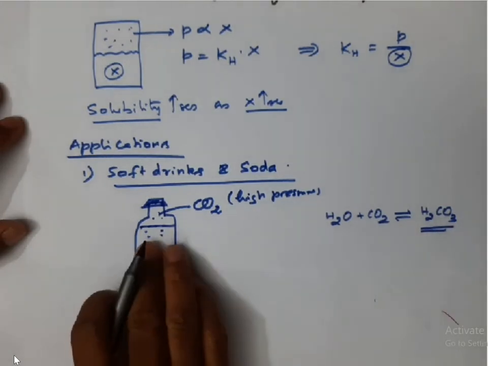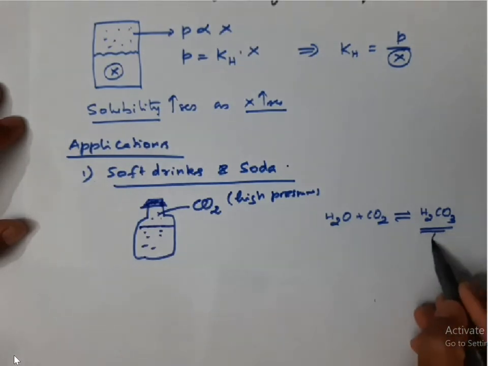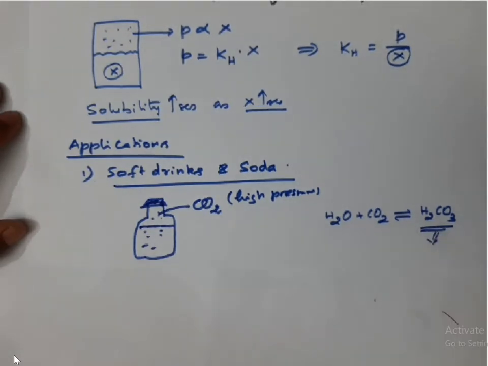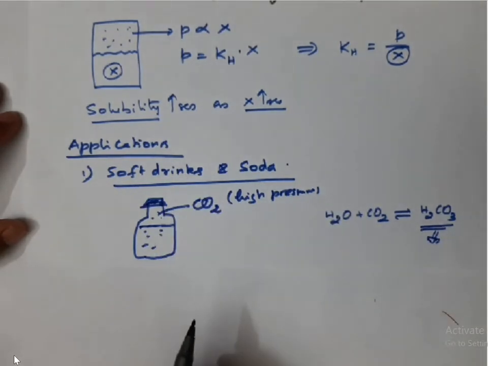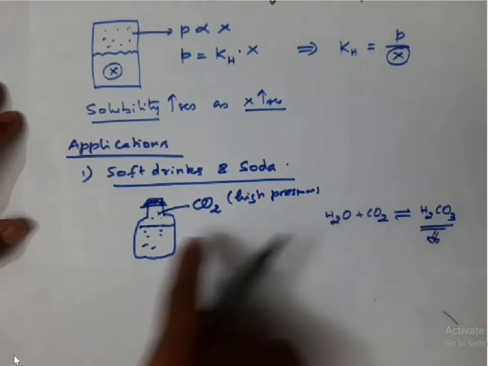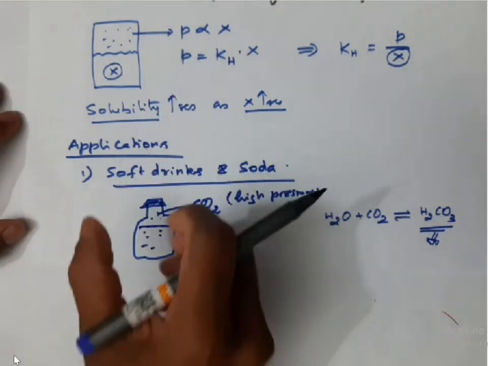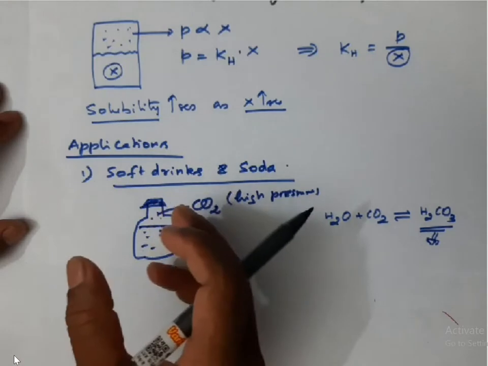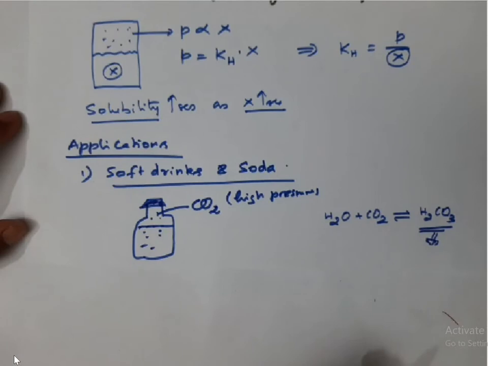So soft drinks contain an acidic compound called carbonic acid. If people have a problem with acidity, they are not supposed to drink soft drinks. If they consume them as such, just by opening the soft drink, they'll suffer with the acidity problem.